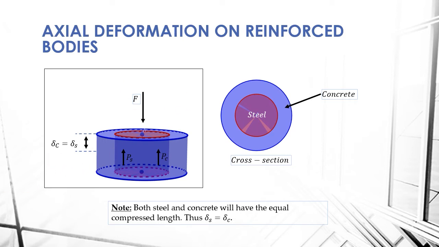Note, both steel and concrete will have the equal compressed length. Thus, elongation of the steel is equal to elongation of the concrete. Whatever the elongation of one is, that is also the elongation of the other. They are a pair, so they must have equal elongation.